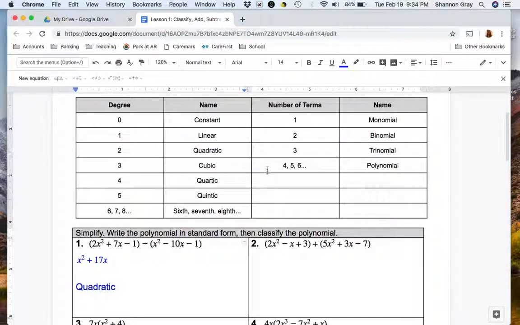And then we're going to classify also by number of terms. This polynomial has 2 terms, so I go to the 2, and that's called a binomial. You might think about the prefix bi as like a bicycle has 2 wheels, a biped has 2 feet, so that bi prefix just means 2. So 2 terms.